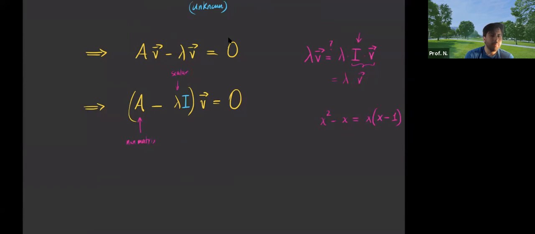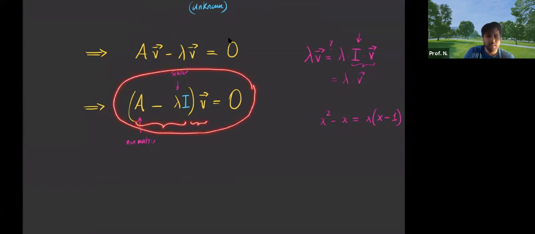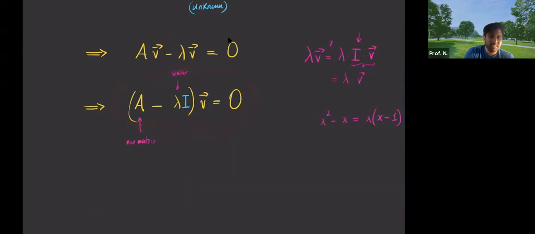Now, if you pay a little more attention to this, what kind of equation is this? When you set something to 0 like this, and again, this 0, in this case, is going to be a 0 matrix. Actually, it's not a matrix, it's a vector.